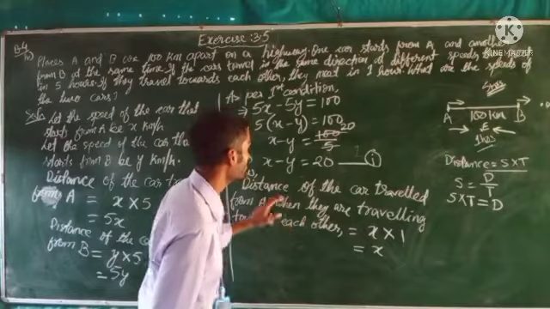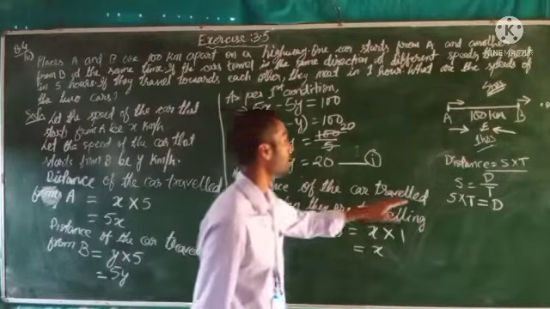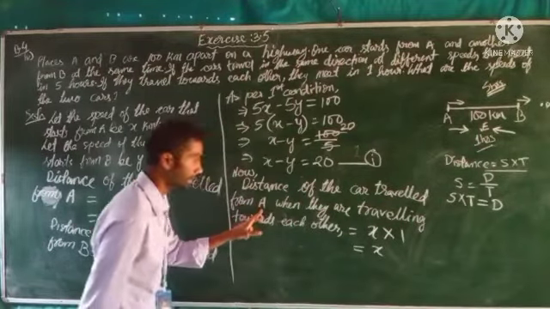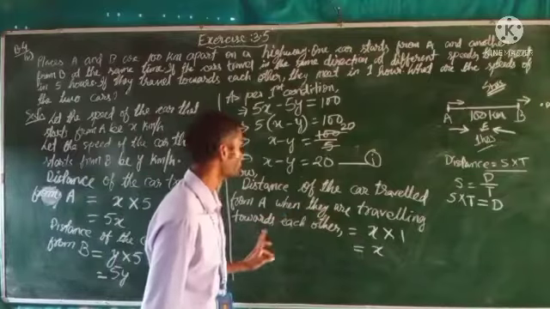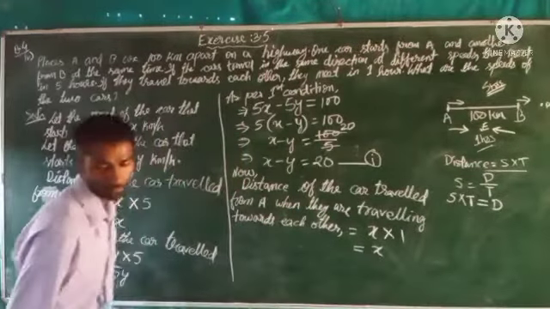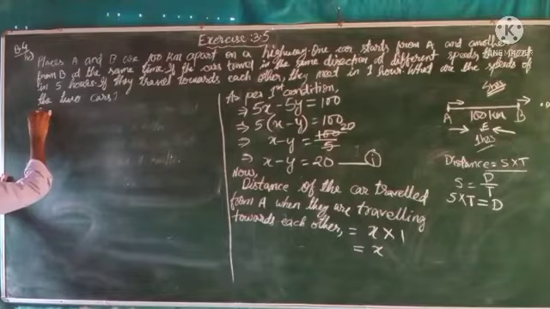Now again we will find the distance of the car traveled from B when they are traveling towards each other.